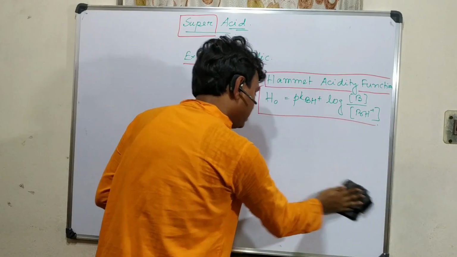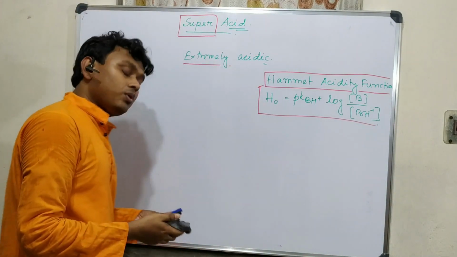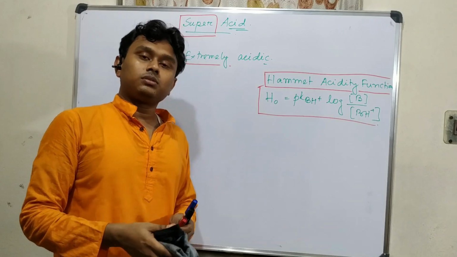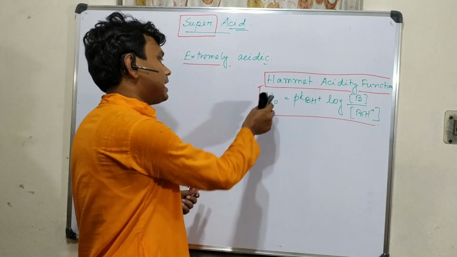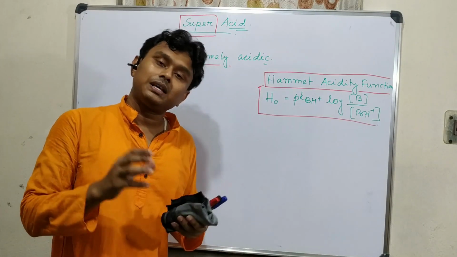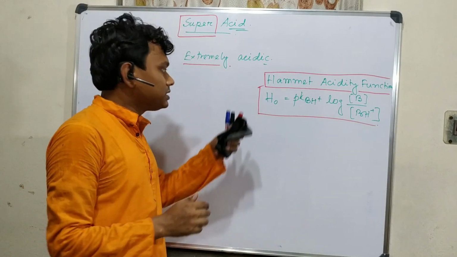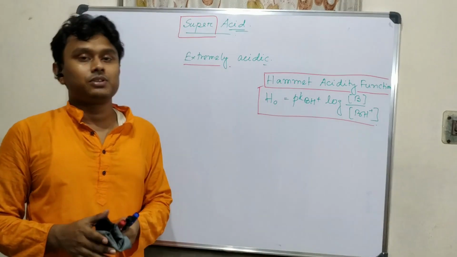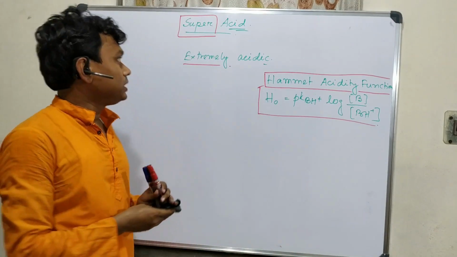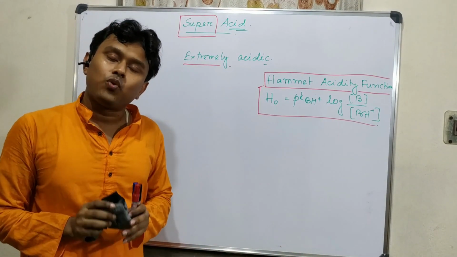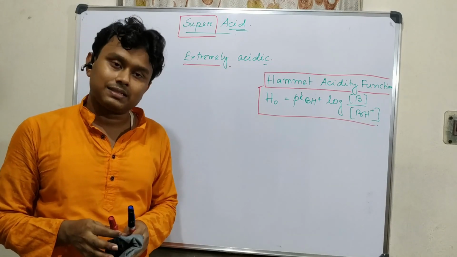In summary, in case of low concentration, the Hammett acidity function could be considered as pH. But in case of very high concentration, it should be replaced by the Hammett acidity function. And qualitatively, what does it mean for a superacid?